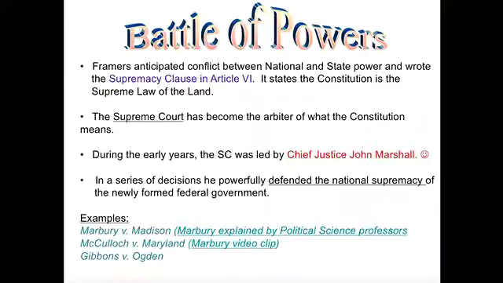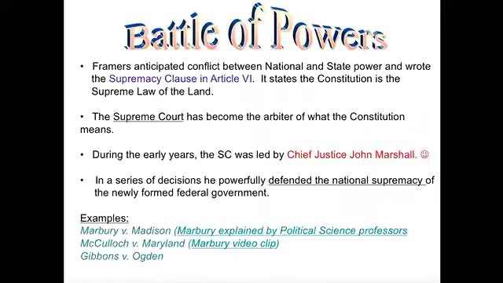So the Supreme Court became the arbiter, or the referee, of what the Constitution means and how it is interpreted. During the early years, the Supreme Court was led by a great man known as Chief Justice John Marshall, who I think very highly of. In a series of decisions, he powerfully defended the national supremacy of the newly formed government.